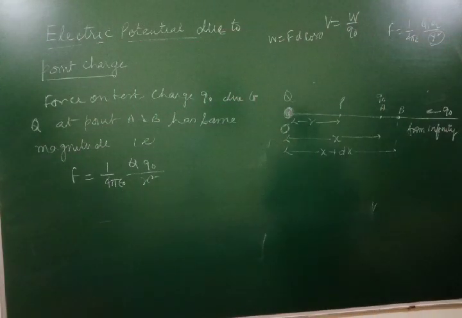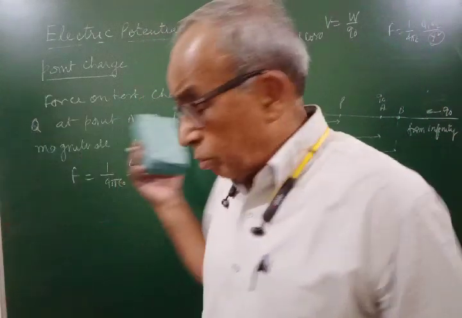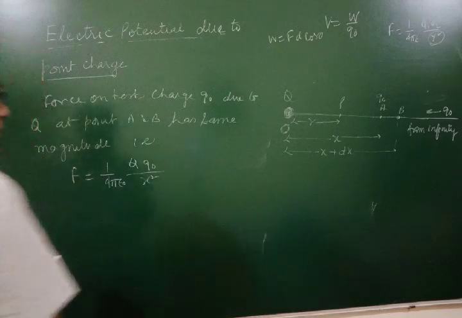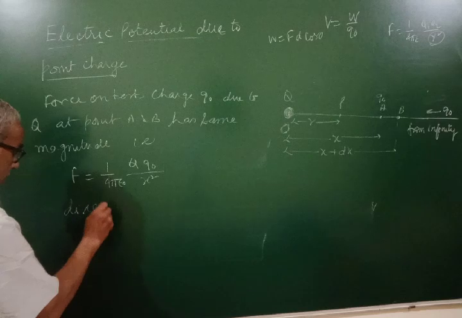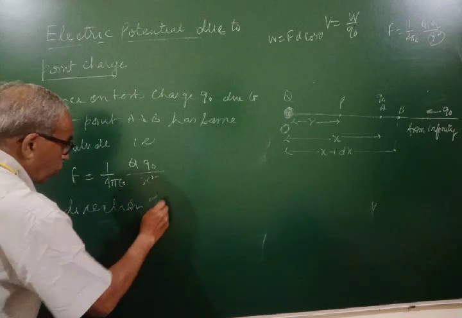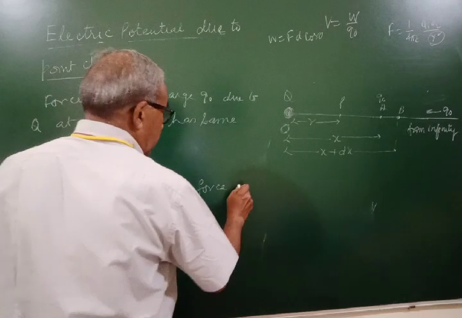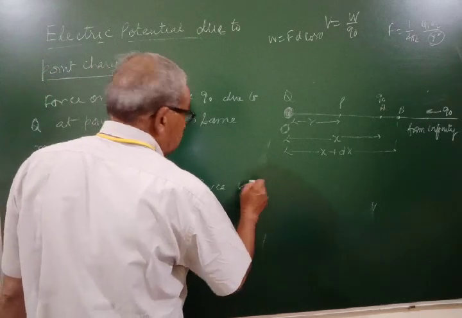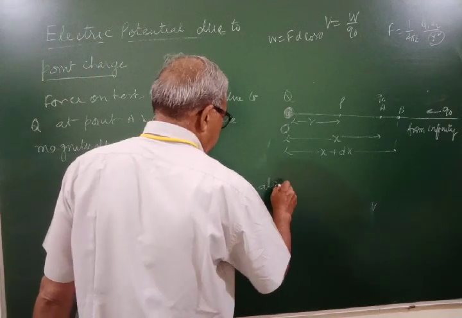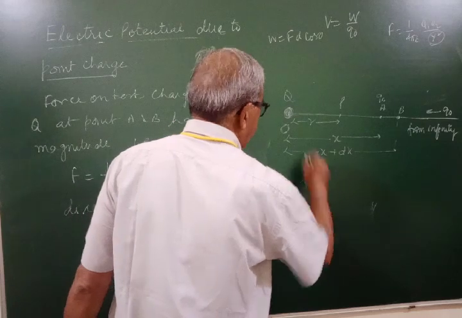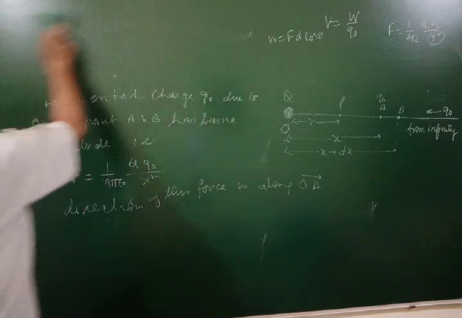If you open the whole square, you write x plus dx whole square, but dx is negligible there, and you will find no difference. The direction of this force is along OA direction, away. We can write it here in terms of unit vector, but I avoid that here.